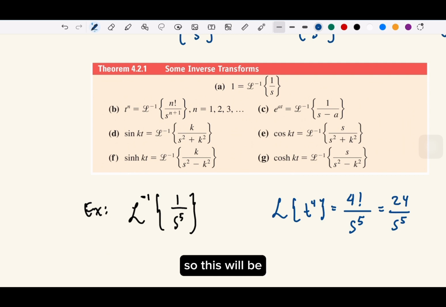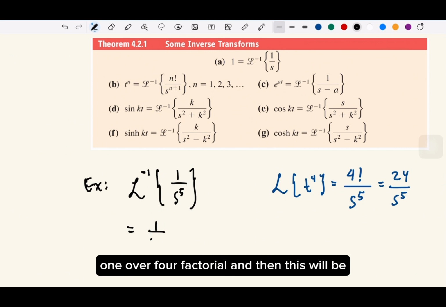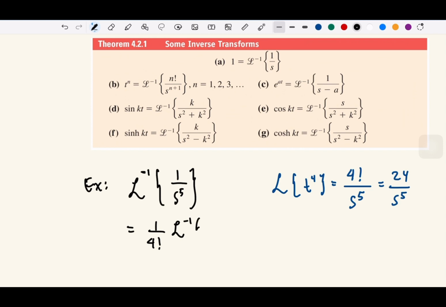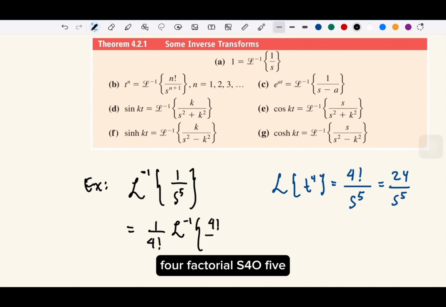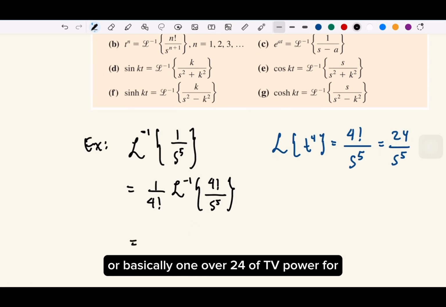Okay, so this will be equal to 1 over 4 factorial, and then 4 factorial over s to the power of 5, or basically 1 over 24 of t to the power of 4.